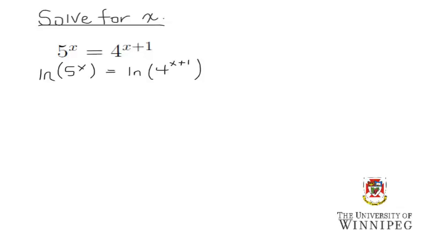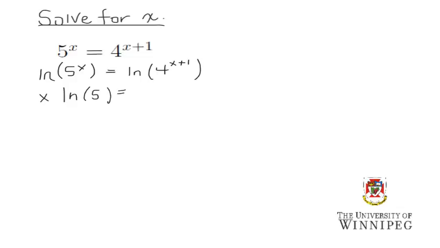And the reason we're going to take a logarithm of both sides is so that we may remove those powers that are inside of our exponential expressions. So over on the left-hand side, we'll get ln of 5 to the power of x, and we can simplify this by bringing the x down using the power rule, and we get x times ln of 5.